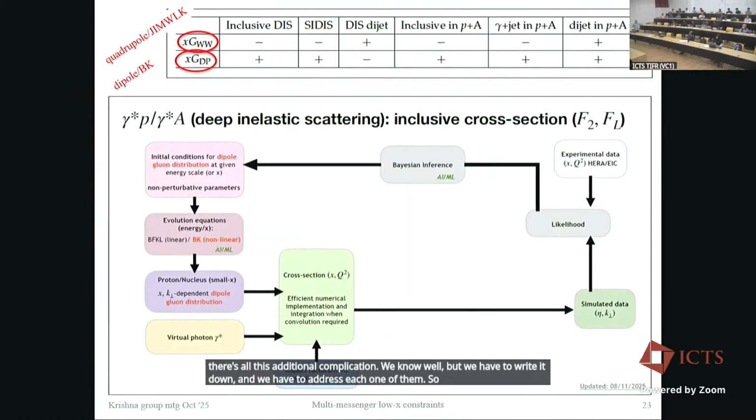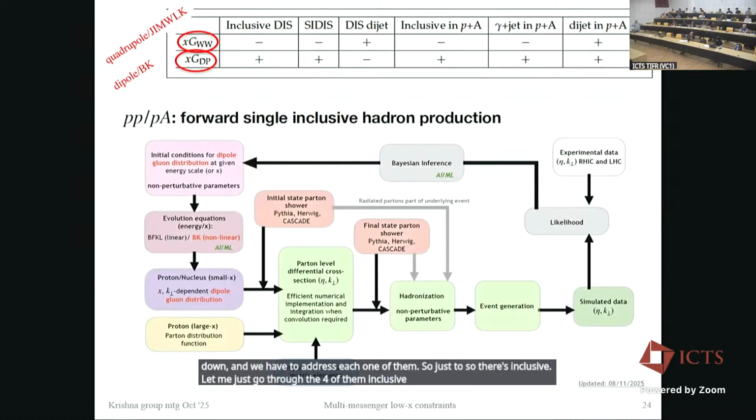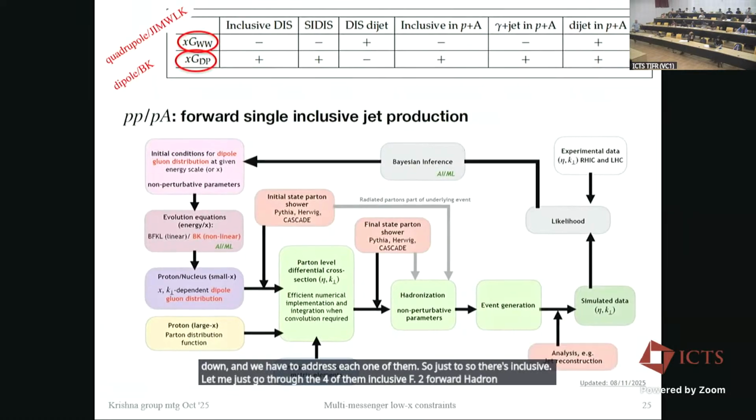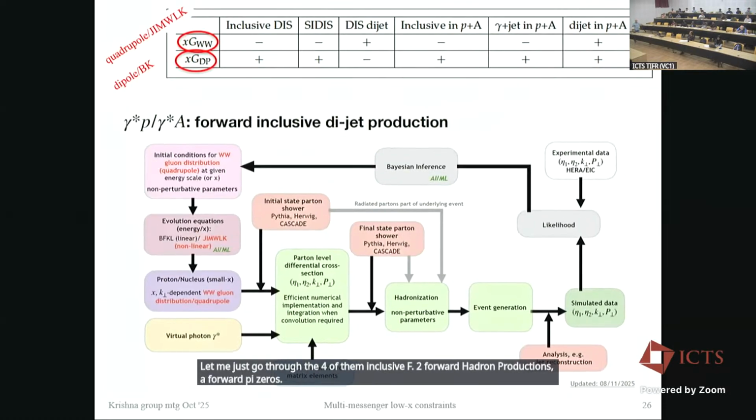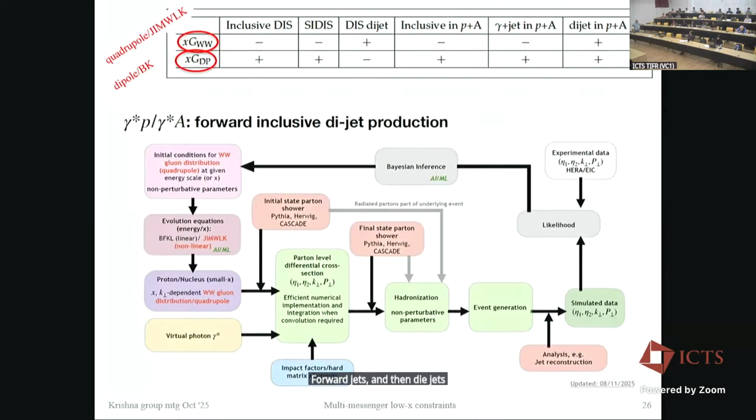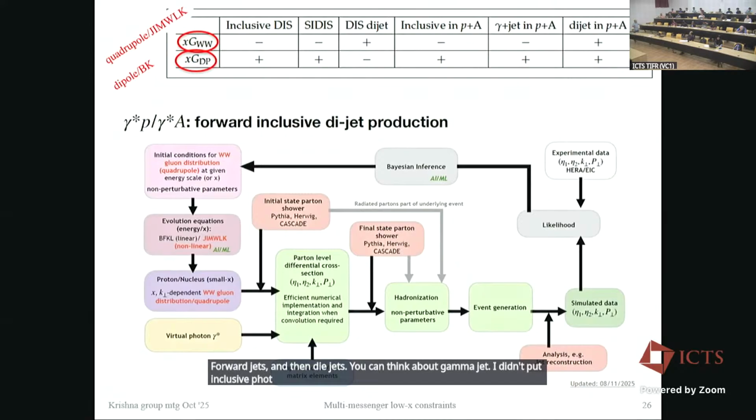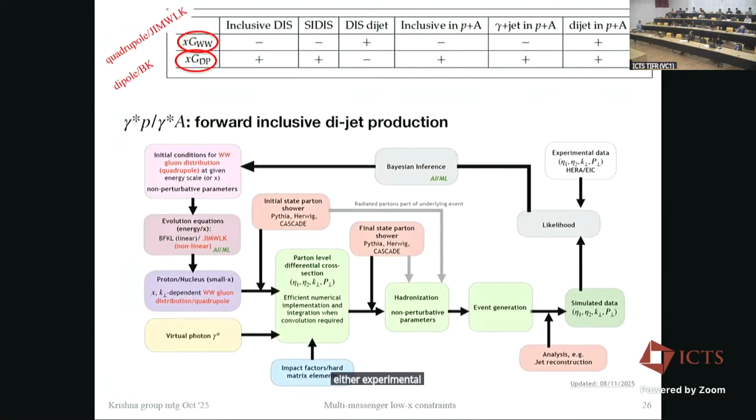So let me just go through the four of them: inclusive F2, forward hadron production, say forward pi zeros, forward jets, and then dijets. You can think about gamma-jet. I didn't put inclusive photons. These are also important. And as we work, we're going to discover that the uncertainties in some particular choice of channel, either experimental or theoretical, are so overwhelming that we have to set it aside.